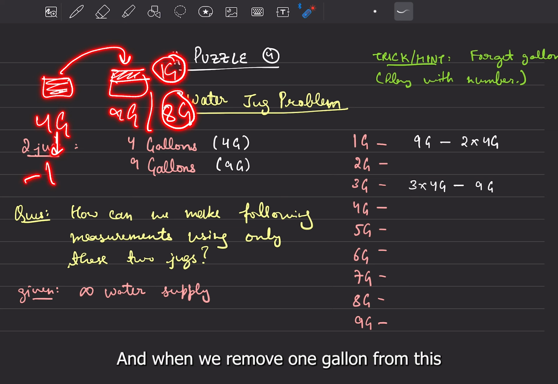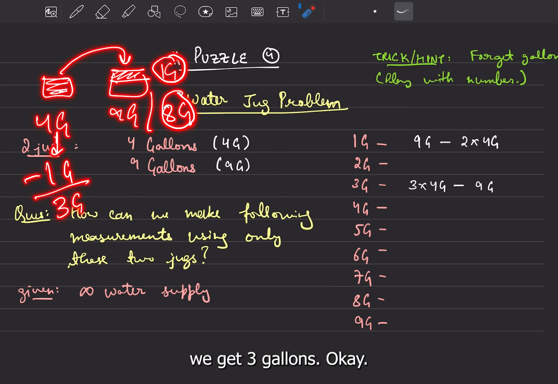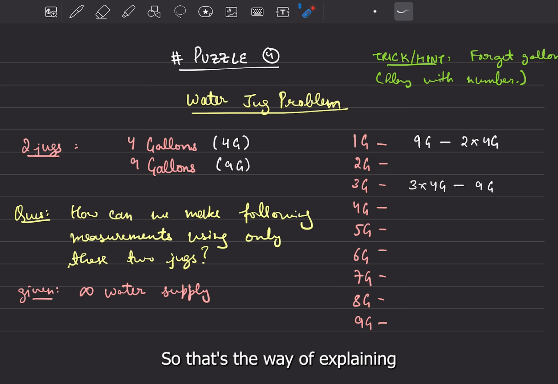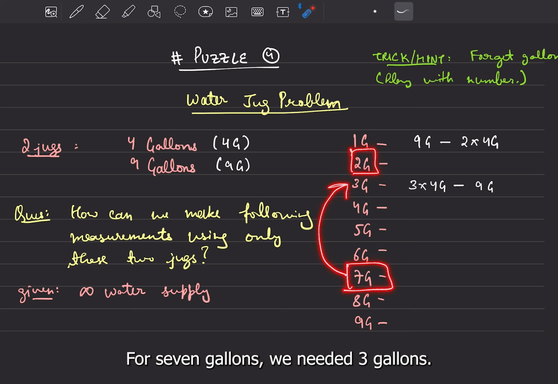When we remove that 1 gallon from the 4-gallon jug, we get 3 gallons. That's the way of explaining it, and the numbers are the easy way to understand things fast. So we know how to get 3 gallons. Earlier we were finding 2 gallons, for which we needed 7 gallons, and for 7 gallons we needed 3 gallons.